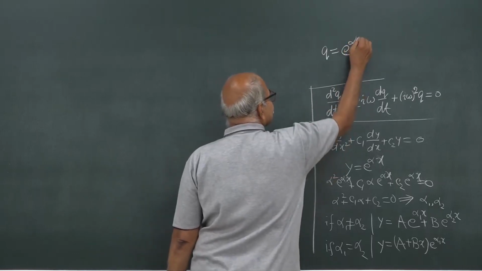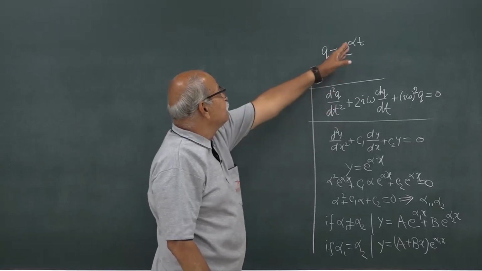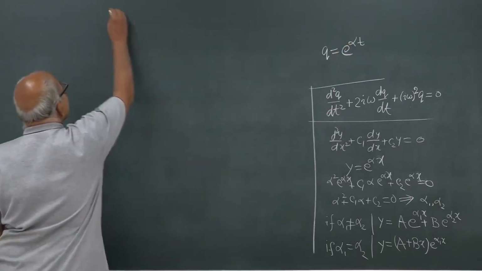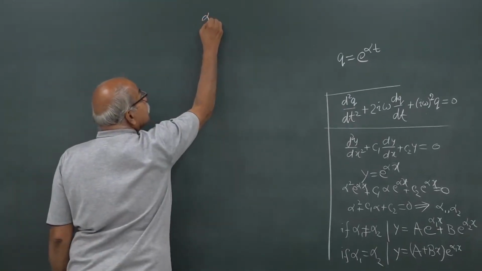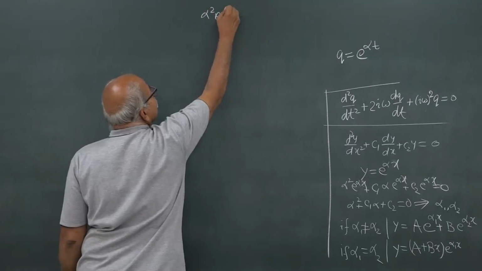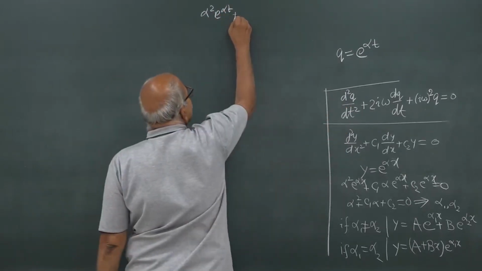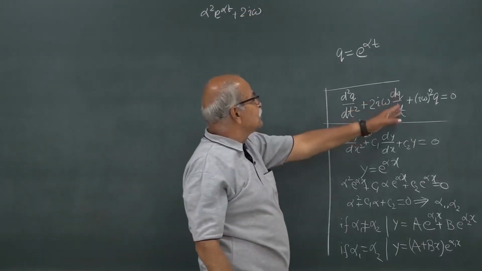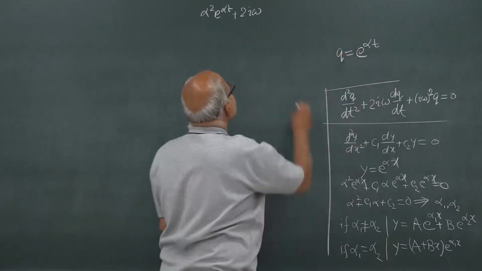So, d2q dt square is alpha square e to the power alpha t. This is this part, plus 2 i omega and then dq dt. dq dt will be alpha times e to the power alpha t.